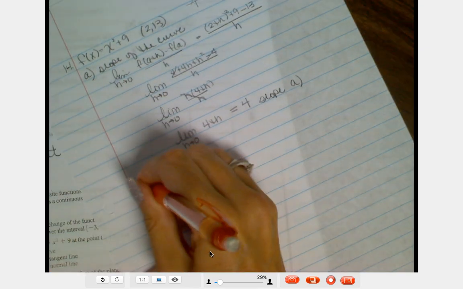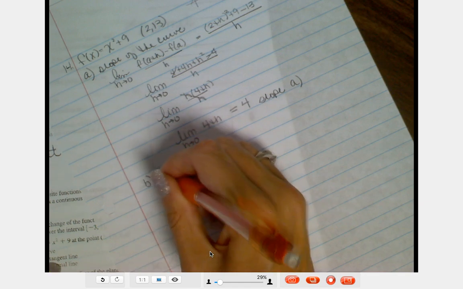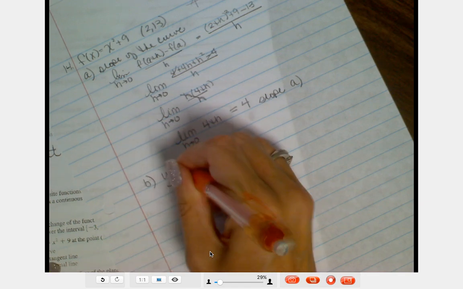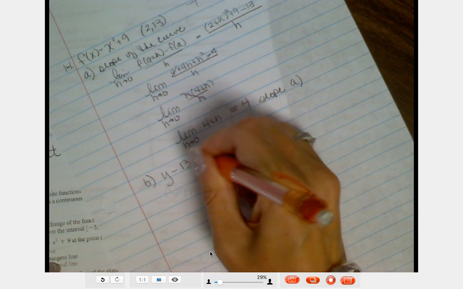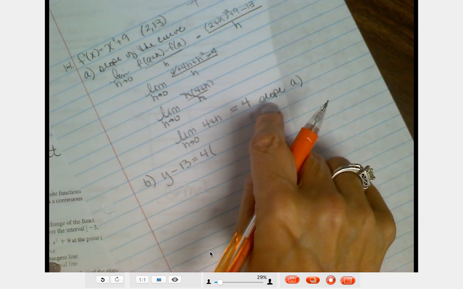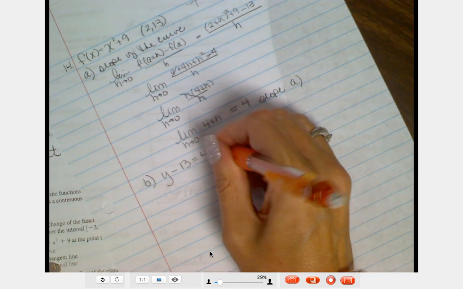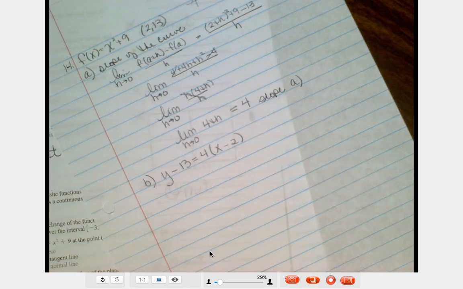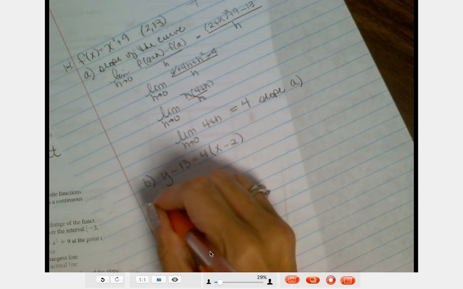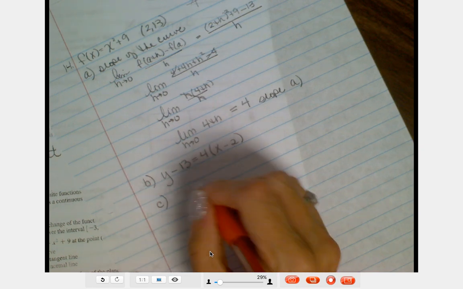Now the other two are pretty easy. The equation of the tangent line: y minus y1 equals your slope, because that's the slope of the tangent, x minus x1, and I would leave it just like that. And then part C asks for the equation of the normal.